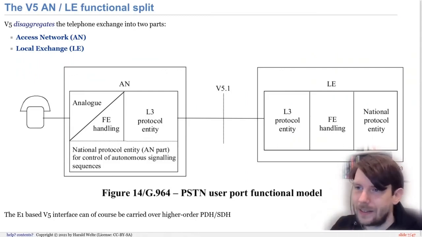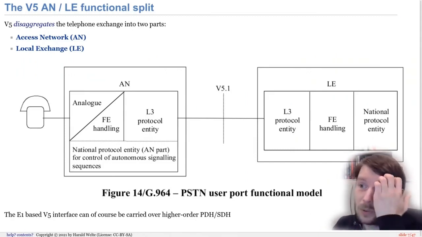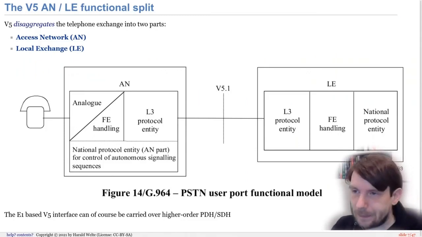Here in this diagram, it's a V5.1 interface. There's two different versions or dialects of V5, .1 and .2. We will look at the differences between those two as the talk progresses.